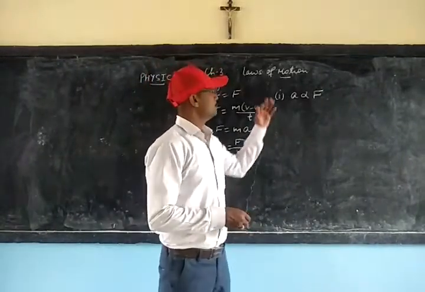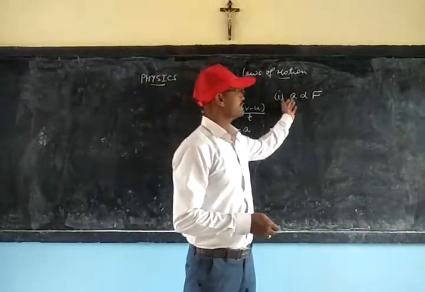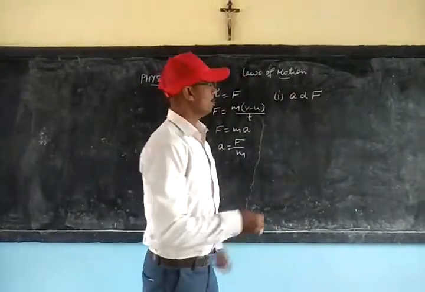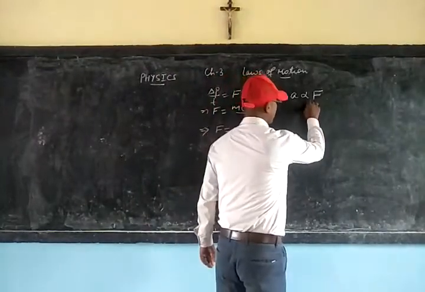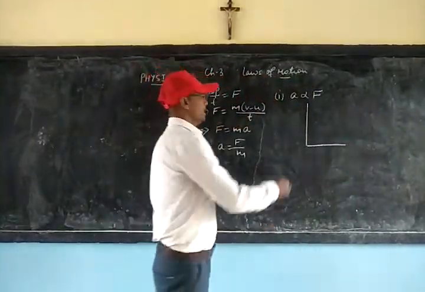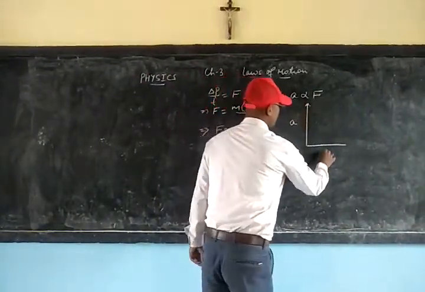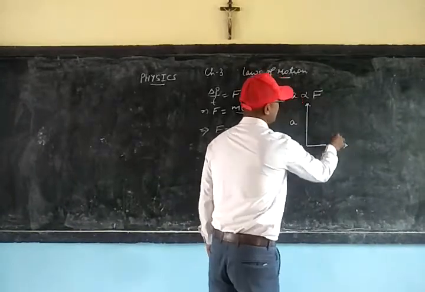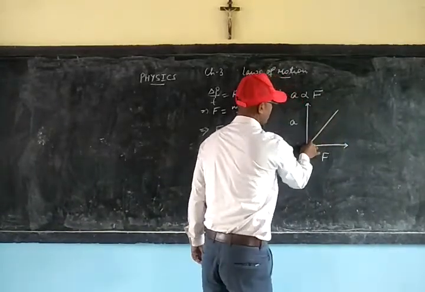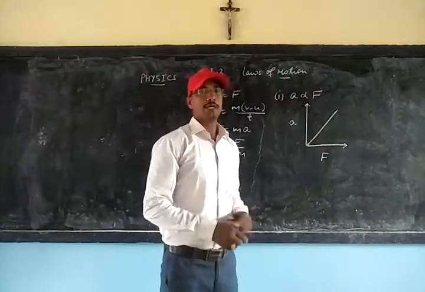So when you plot the graph of acceleration against force, we will get an inclined line. If you consider this axis as acceleration and this as the force, then we are going to get a straight line which is inclined to the x-axis.